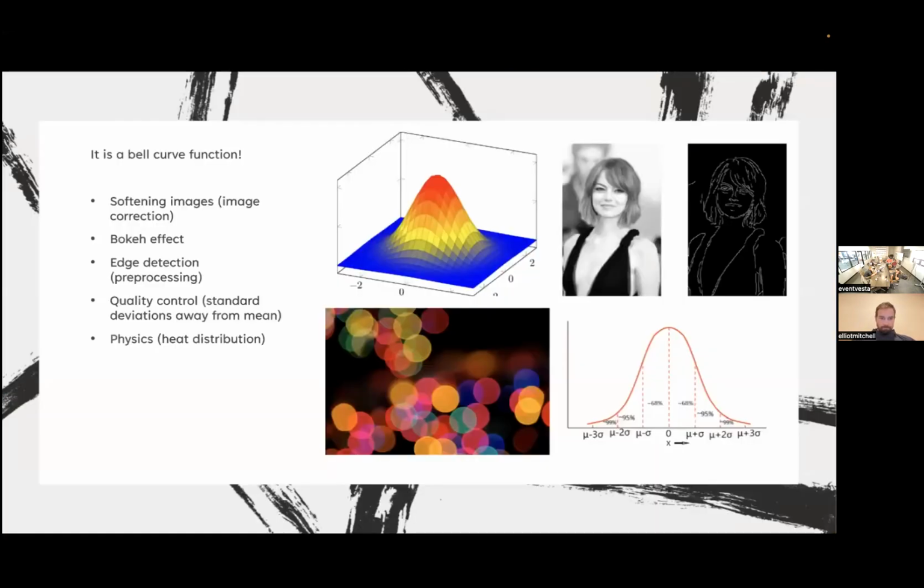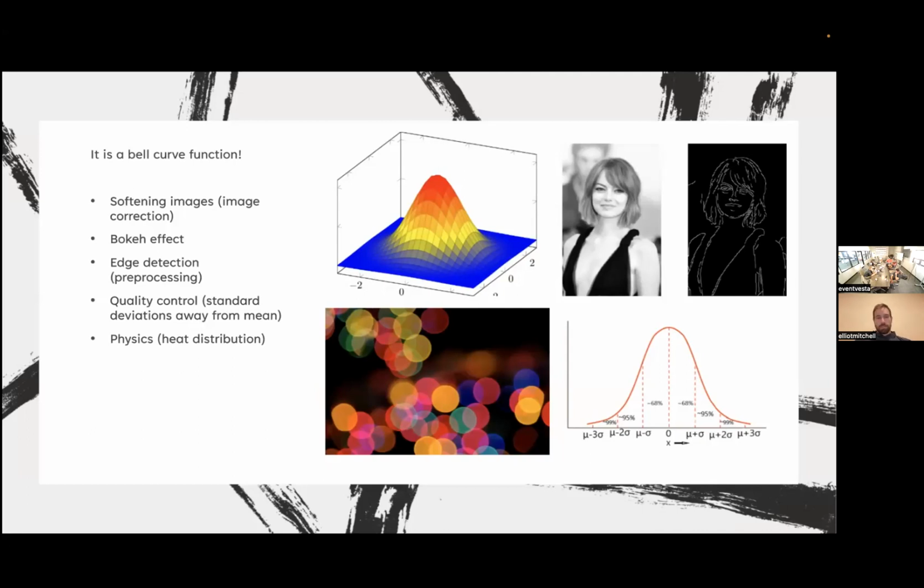But at the end of the day, the Gaussian blur is really just the bell curve we all knew coming out of high school and then higher level college classes. You'll learn a lot about it with standard deviations. It kind of reflects basically any data set, like literally any data set you collect. It will take some shape of a bell curve, and you can pull away lots of details from that information. But outside of math, it's used a lot in graphics. Obviously, that's where we're going to be talking about today.